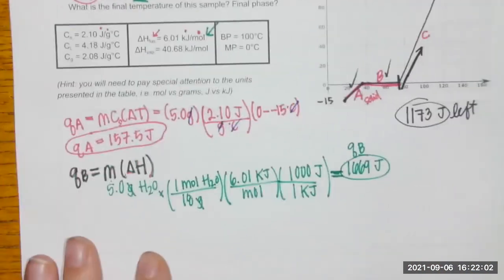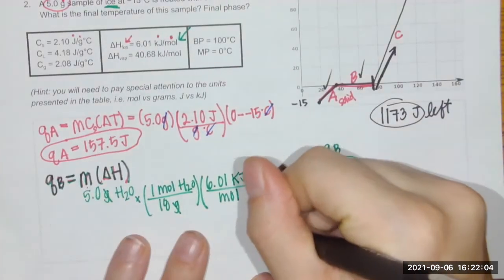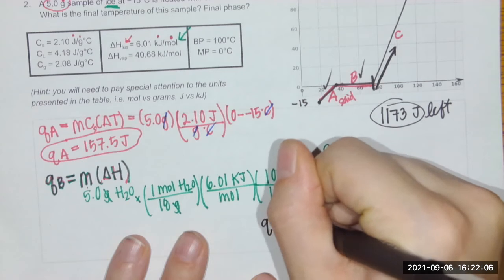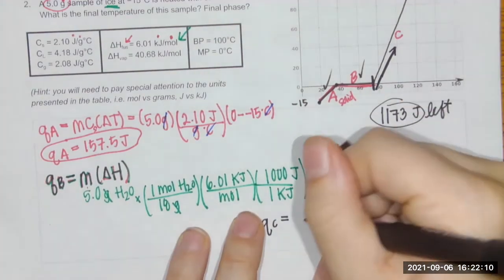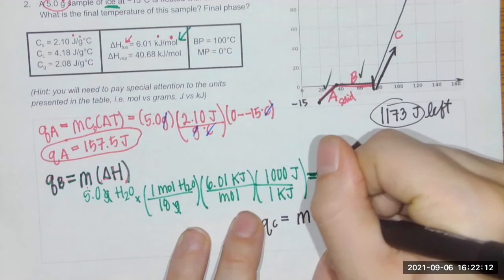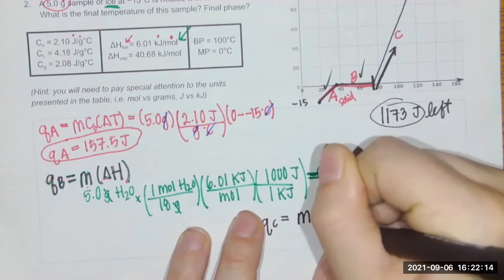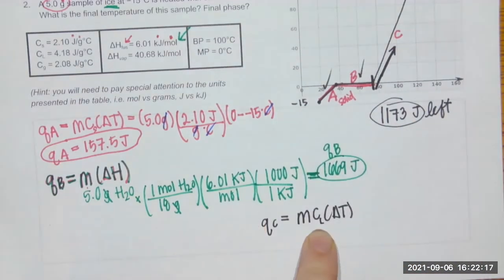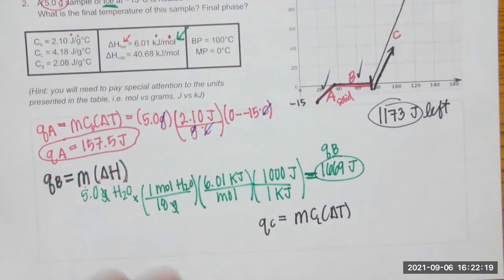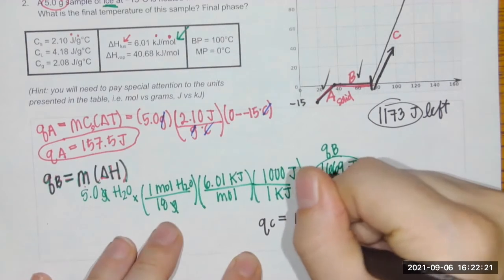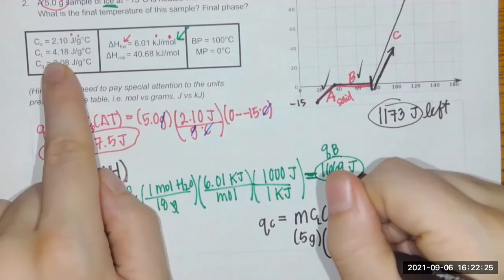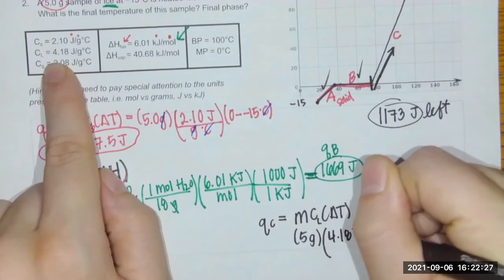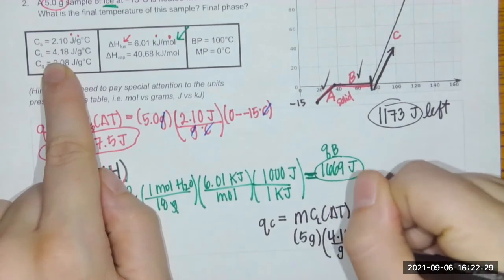So I'm going to do this a little bit differently. QC, since it's a diagonal bit, the formula will be MC delta T, and of course we need the liquid amount. The mass was 5 grams. Cl is 4.18 joules per gram Celsius.